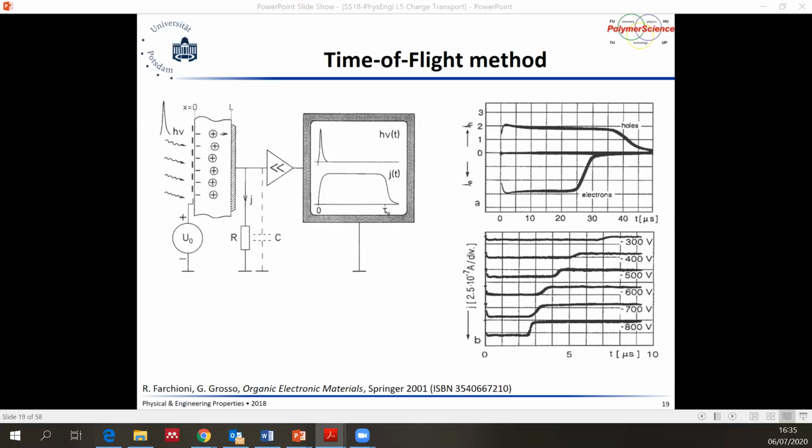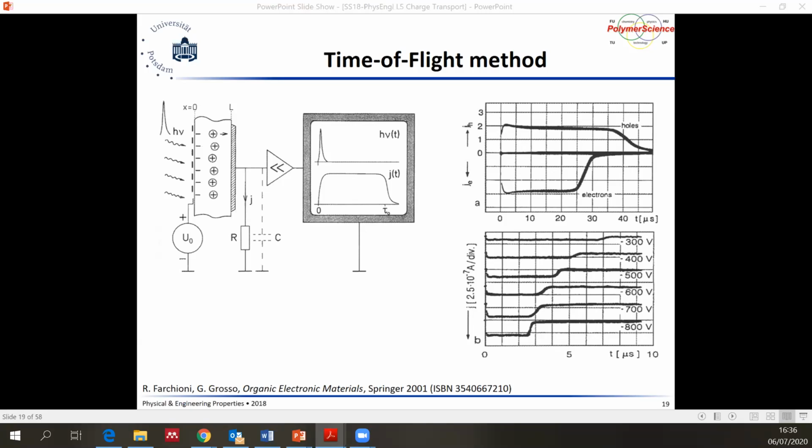We use a pulsed laser, typically about 10 nanosecond pulse width, to photogenerate a package of charge carriers close to one of the electrodes. Let's say one of the electrodes is semi-transparent.